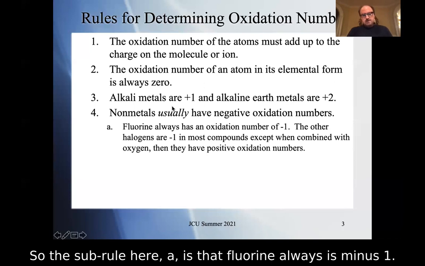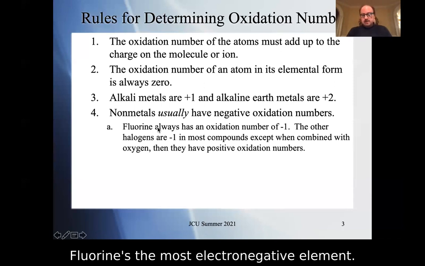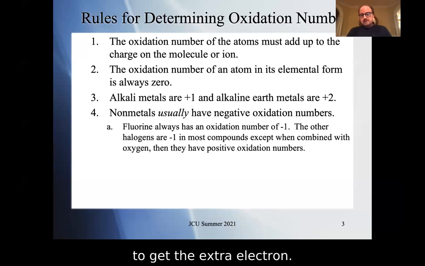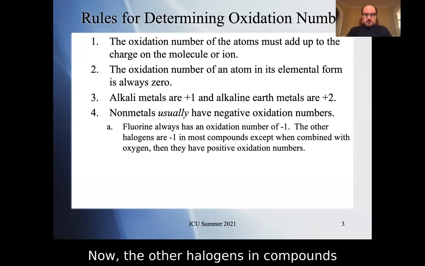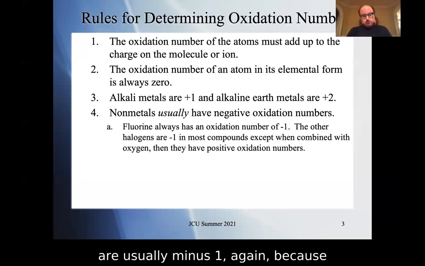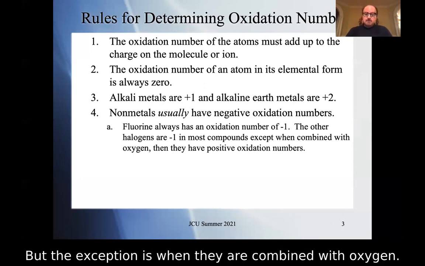So the sub-rule here, A, is that fluorine always is -1. Fluorine's the most electronegative element, and therefore it always is going to get the extra electron. So fluorine is always -1 in a compound. Now, the other halogens in compounds are usually -1, again, because of their relative electronegativity, but the exception is when they are combined with oxygen.